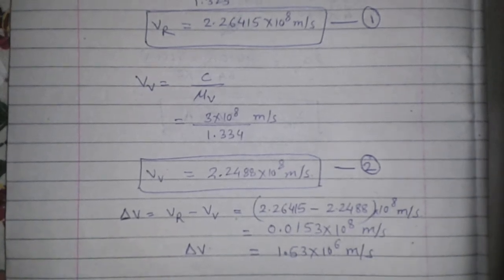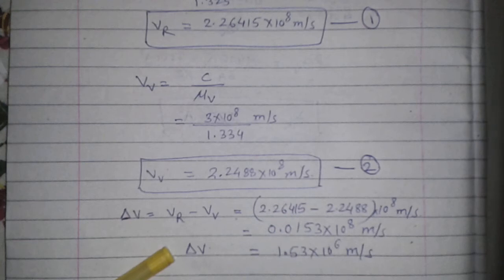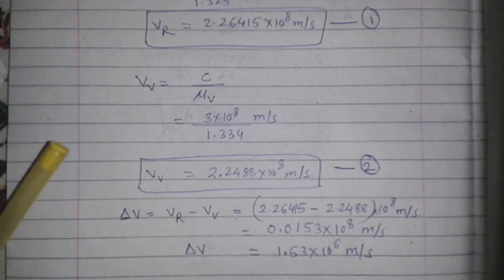So the velocity difference between the rays for these two colors in water, that is delta V, is 1.53 into 10 raised to 6 meter per second.